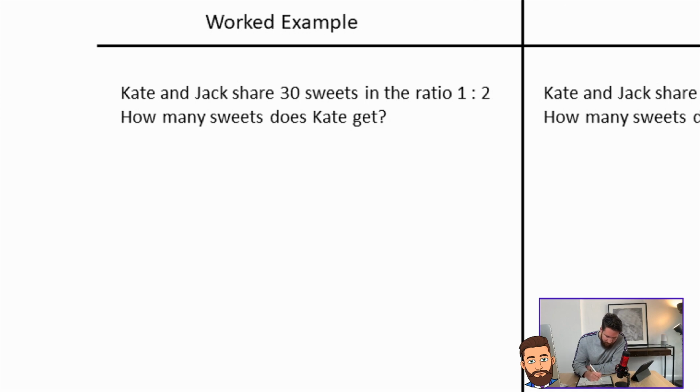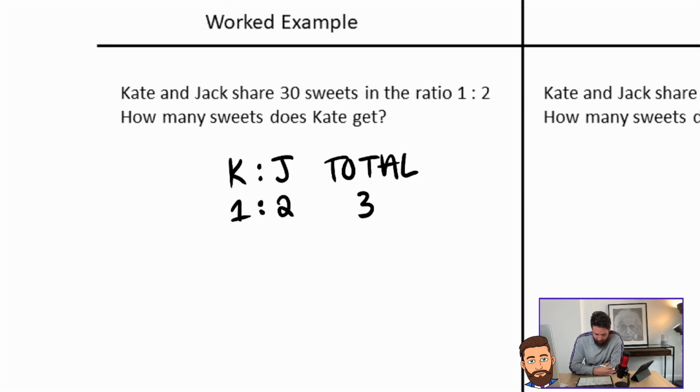So we're going to say that the ratio of Kate to Jack is 1 to 2. So Kate to Jack with a total is 1 to 2. And I can see I've got a total of 3.